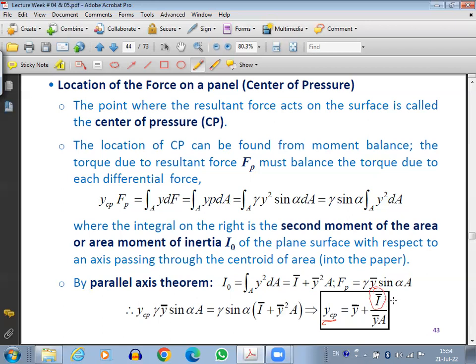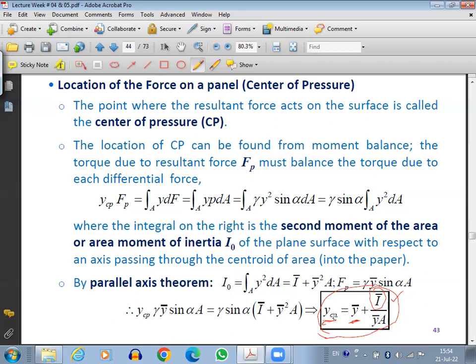So I bar divided by Y bar, where Y bar is again the slanted height to the centroid, multiplied by the area of that surface. So this is the formula which links the centroid with the center of pressure, and by this formula you can find the actual location of the center of pressure.